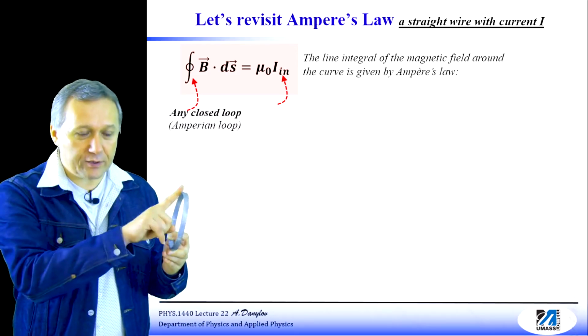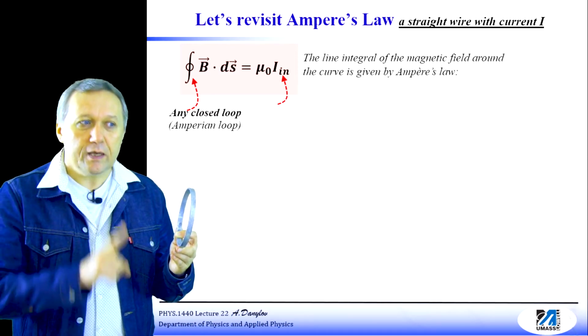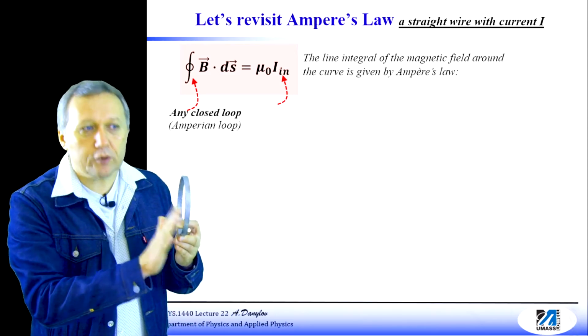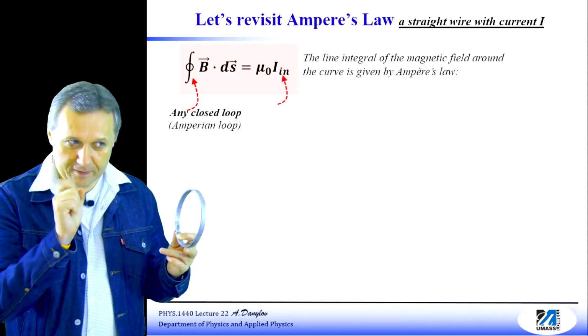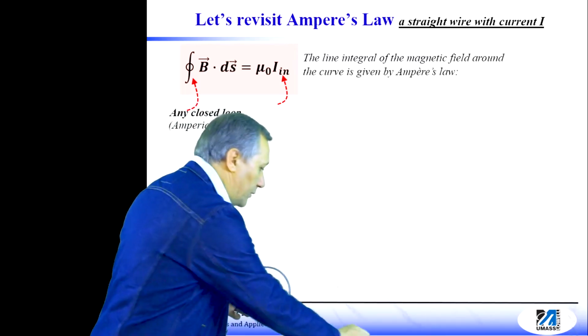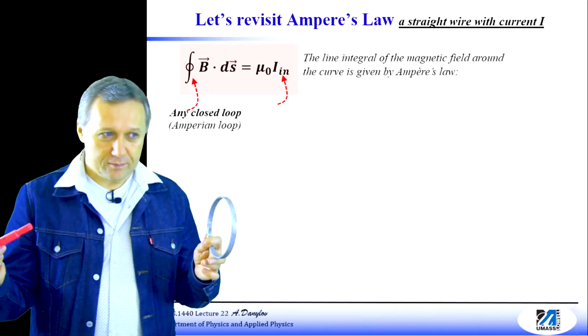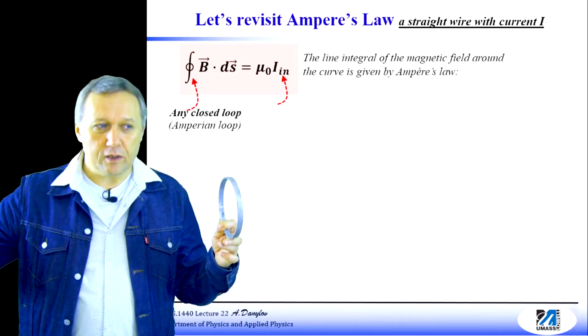So after we pick an Amperian loop, the second step, you need to pick any surface enclosed by the Amperian loop. And the key word, any, right? Once you pick that surface, then you have current and you have surface. Current is basically like an infinitely long line.